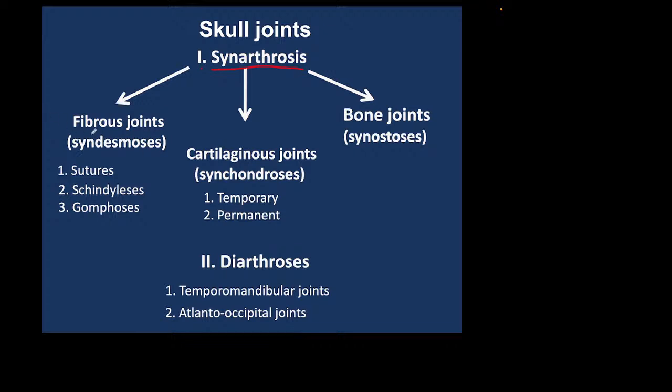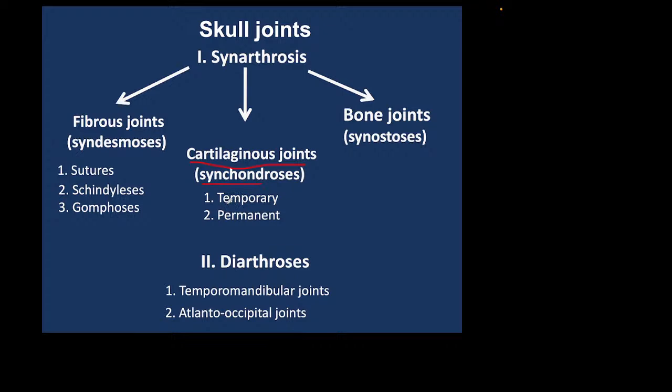This first group consists of fibrous joints. We call it also syndesmosis. Fibrous joints means that all of these joints consist of connective tissue. We find sutures, gomphosis, and schindylesis. All of these joints are membrane or connective tissue joints. Then cartilaginous joints, another name is synchondrosis.